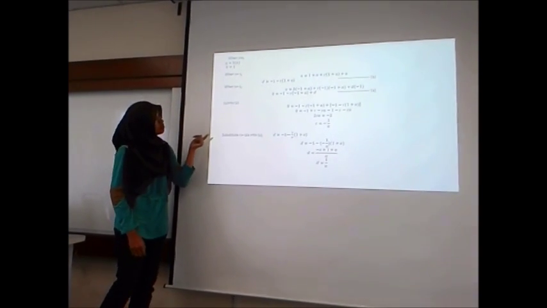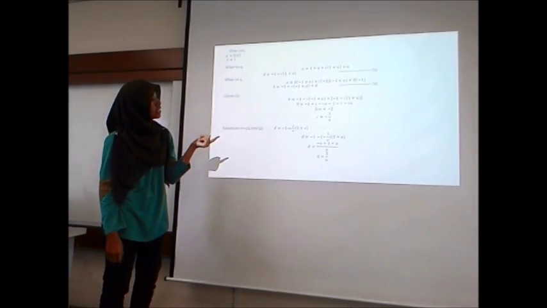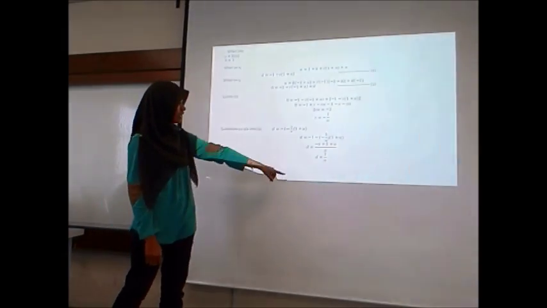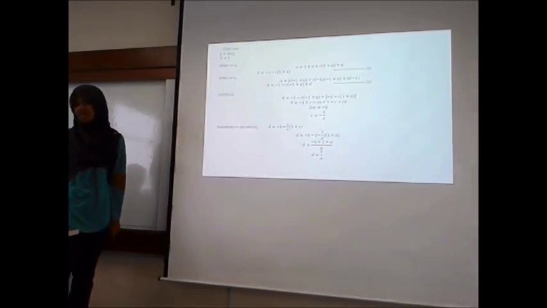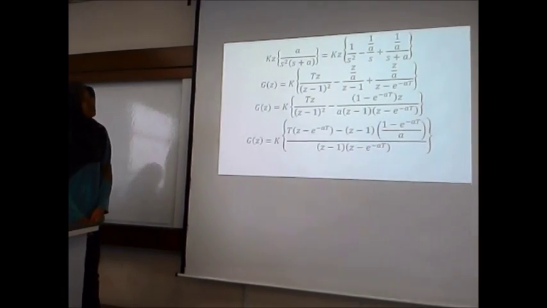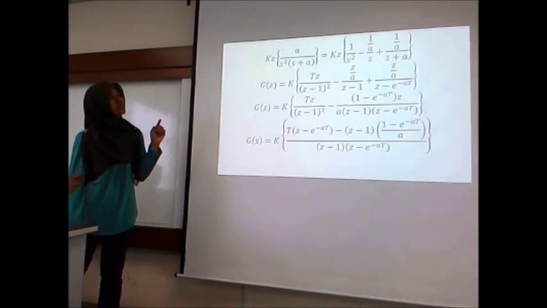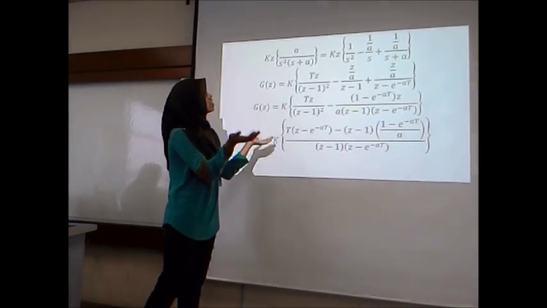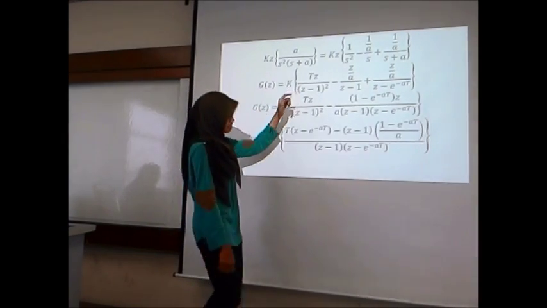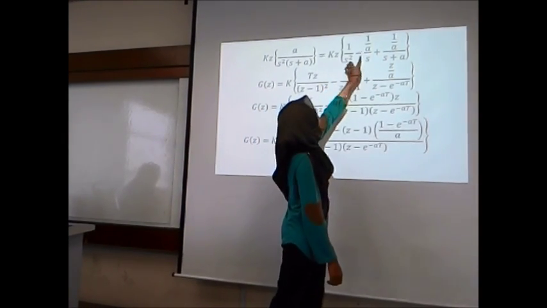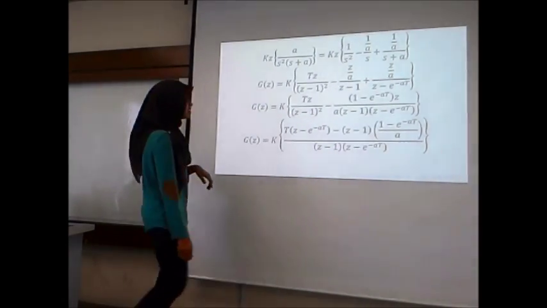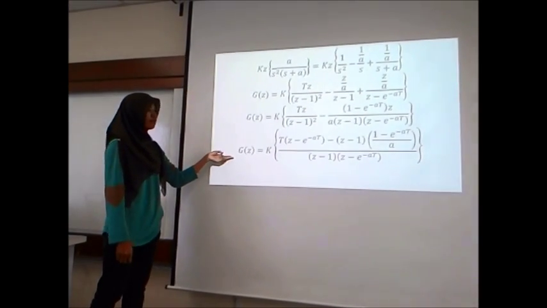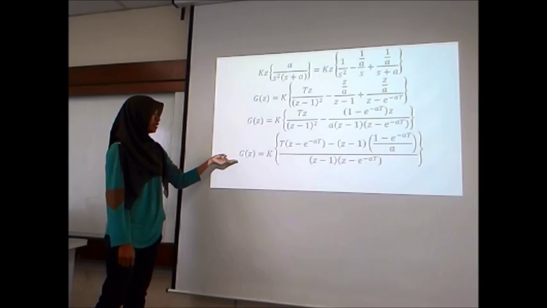When s equals negative 1, we get C equal to negative 1 over A, and when s equals negative 1, we obtain D equal to 1 over A. So we substitute into the transfer function, K z multiplied by 1 over s squared, B, C and D. Then we get the transfer function for the Z plane.